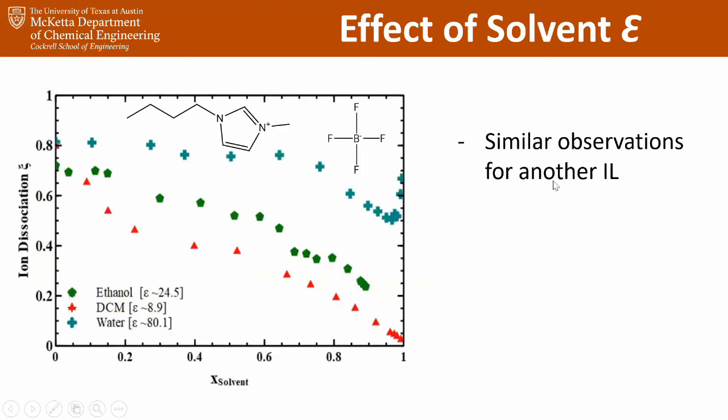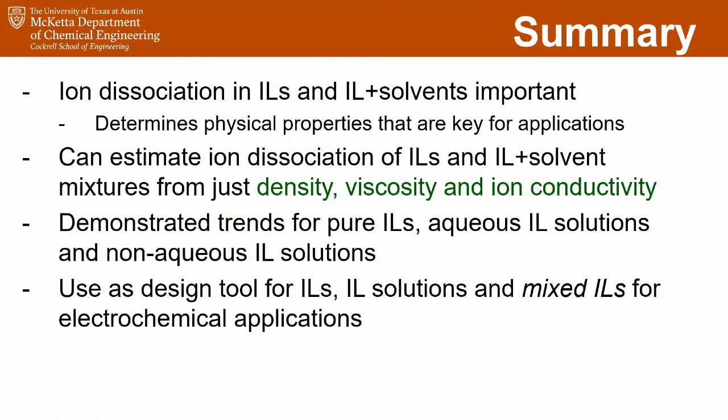Here's similar observations for BMIM BF4. Here we've got the water across the whole composition range, but you can see the dichloromethane and the ethanol ion dissociation decreasing substantially with increasing solvent concentration.